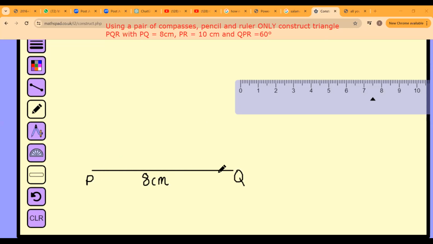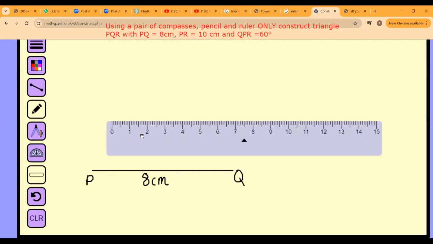So PQ is going to be 8 centimeters, right? Now, PR is going to be 10 centimeters long. This is very important: when PR is 10 centimeters, you want to make sure you do it with a compass.